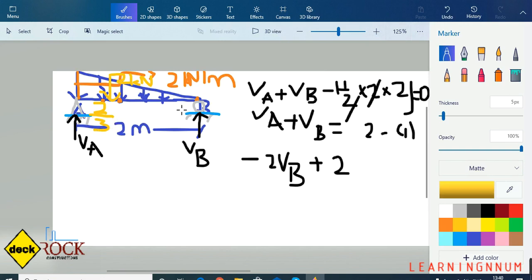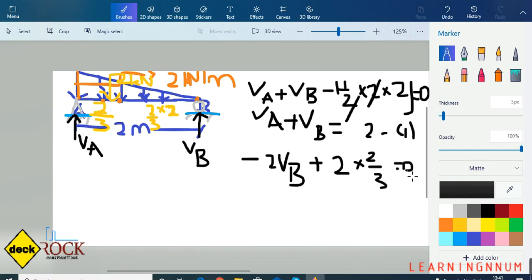And the distance from B would be how much? 1 by 3 of the length of the beam, right? So plus 2 into, how much is it? 1/3 of the length, that is 1 by 3 into 2, that is nothing but 2 by 3, equals to 0.